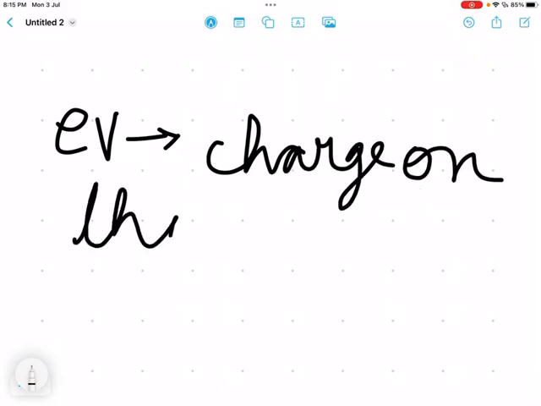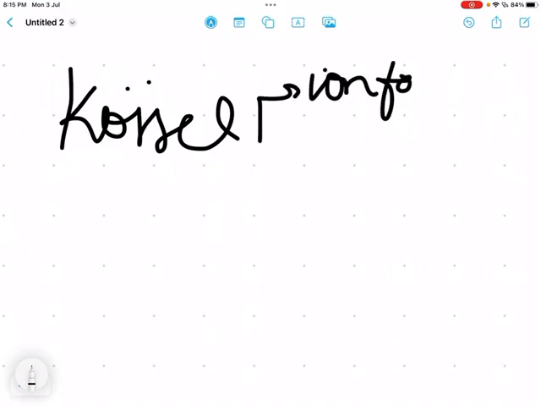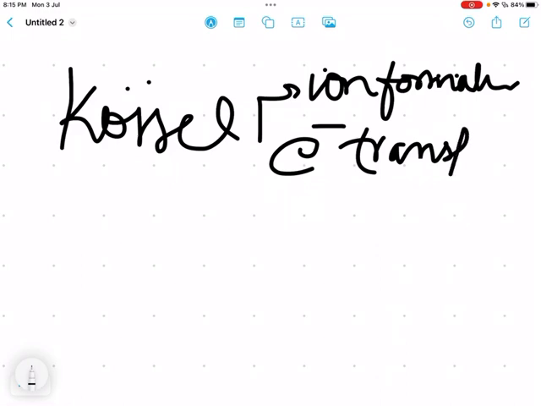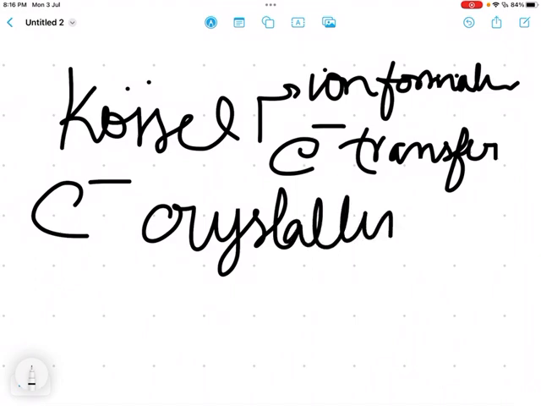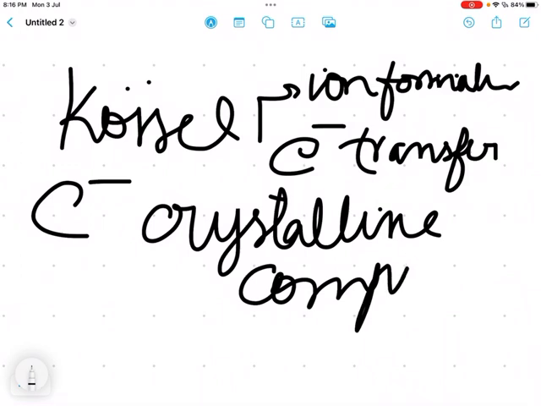Kossel's postulates provide the basis for the modern concept regarding ion formation by electron transfer and the formation of ionic crystalline compounds. His views have proved to be of great value in the understanding and systematization of ionic compounds.